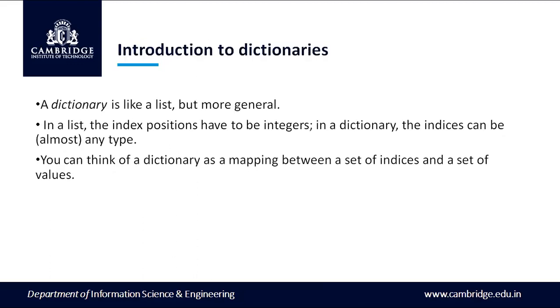So what is a dictionary? A dictionary is like a list but more general. In a list we have index positions, and the index positions are always integers. But in a dictionary the indices can be anything. So you can have a dictionary as a mapping between a set of indices and a set of values.